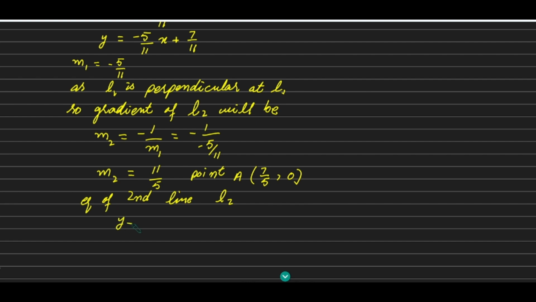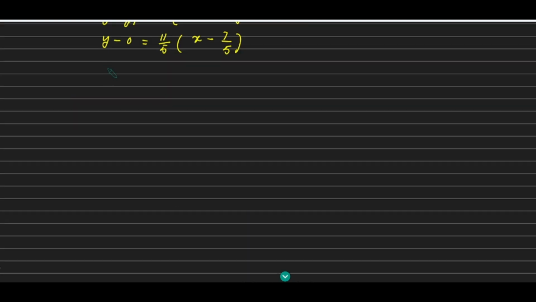Use y minus y1 equals m into x minus x1. We have y1 here as 0, and the gradient of the line is 11 by 5, and x1 is 7 by 5. Now we simplify this and find the equation of L2. Then y equals 11 by 5 into x minus 7 by 5, and this 5 which is divided here, on the other side it will be multiplied.